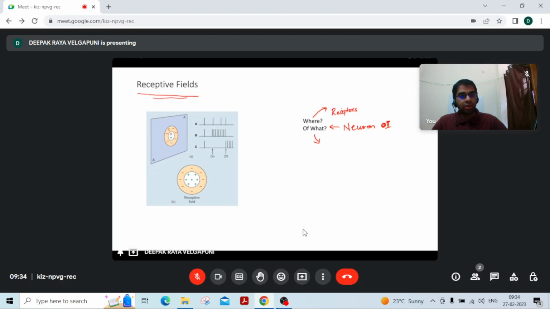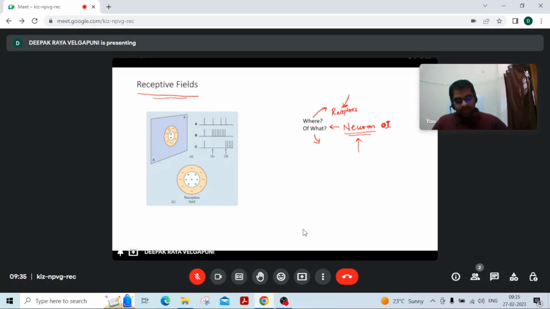Receptive field of a neuron is the area on the receptors for which this selected neuron's activity gets modulated. So if you make some changes in the area of receptors, there is a change in this particular neuron. The area in which changes make this neuron respond is the receptive field.